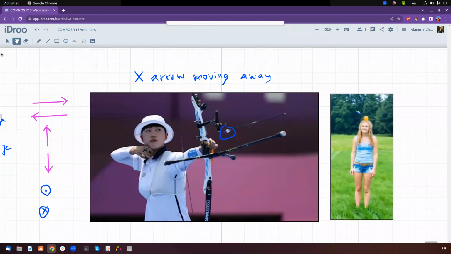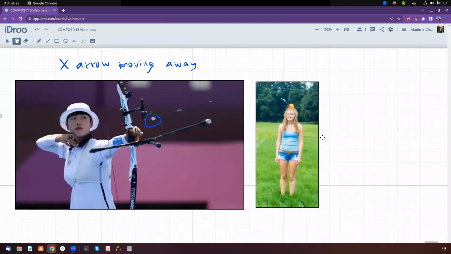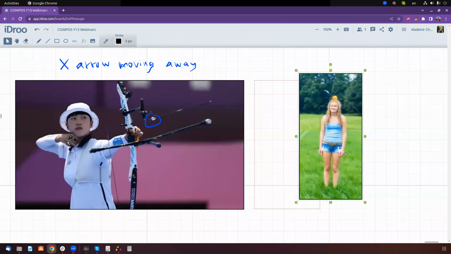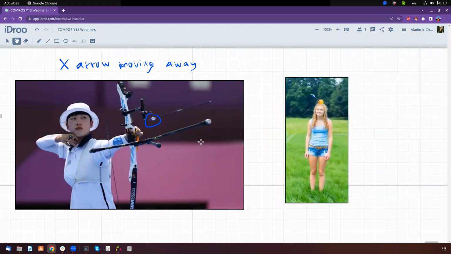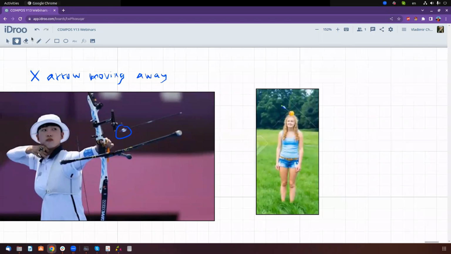If you're this lady standing with an apple on your head, what you see is an arrow moving towards you. And you see the sharp end of the arrow.